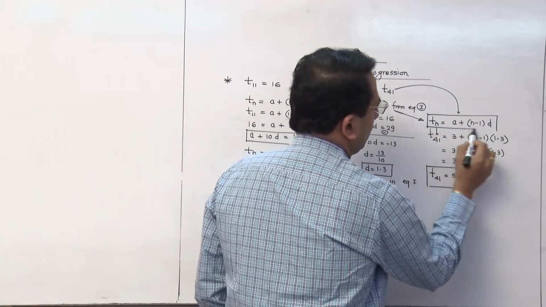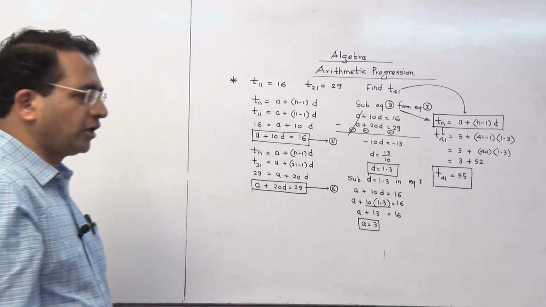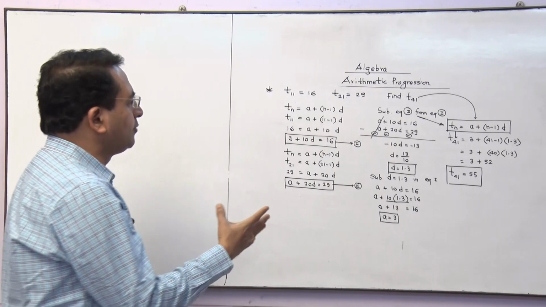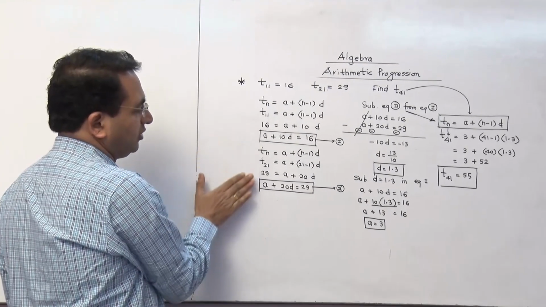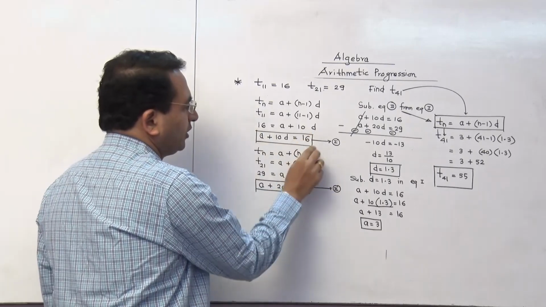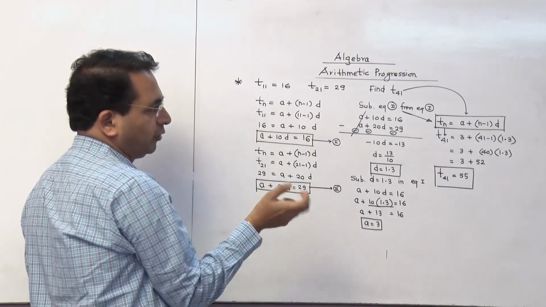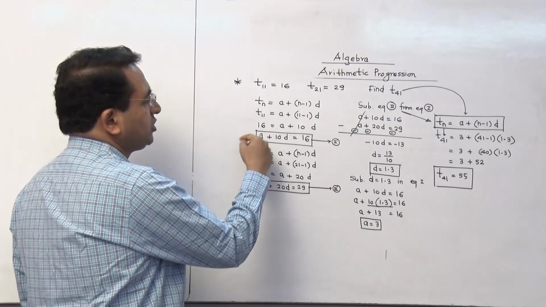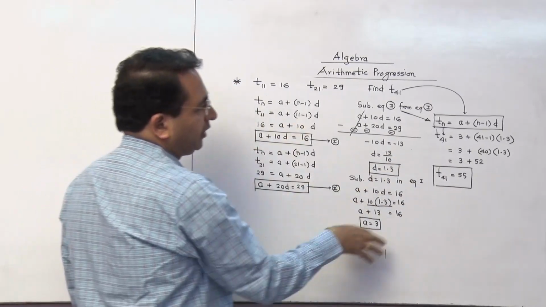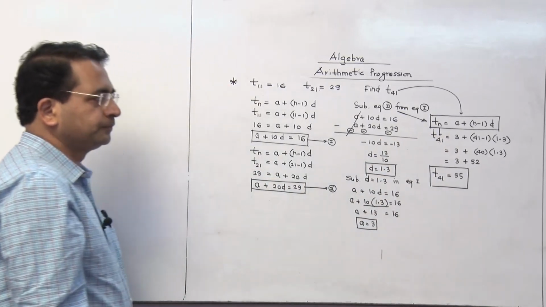As I told you earlier, that important format in boards, whatever you feel important, for example this particular equations are important, highlight this or put them in the boxes so that for the examiner it becomes easier to check these steps. Whatever is important, I have written everything in the boxes.